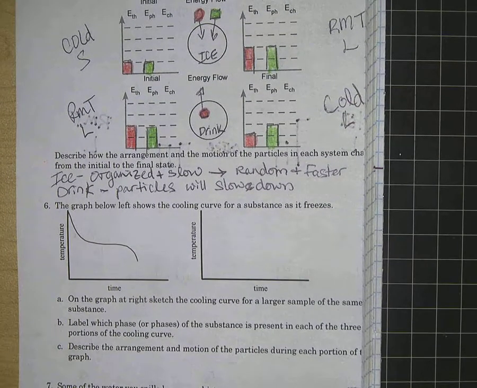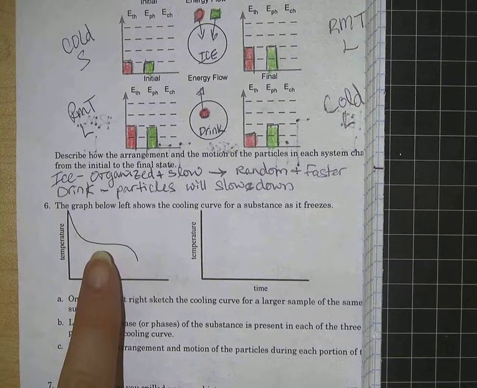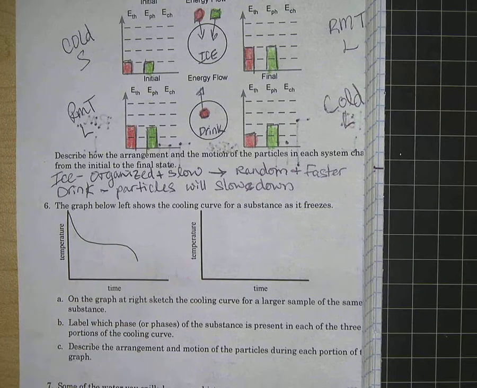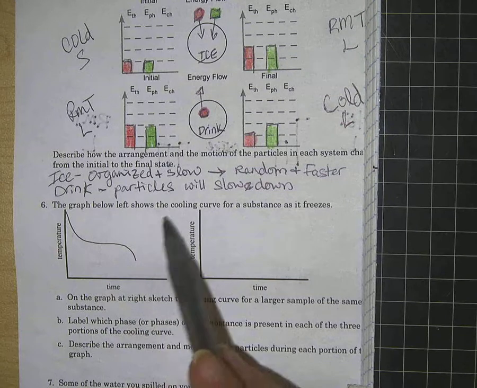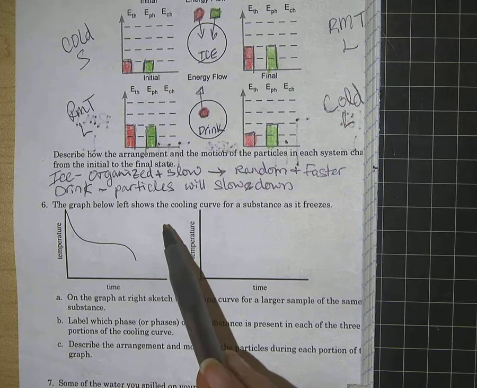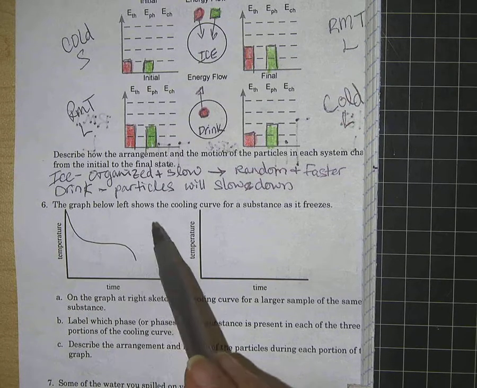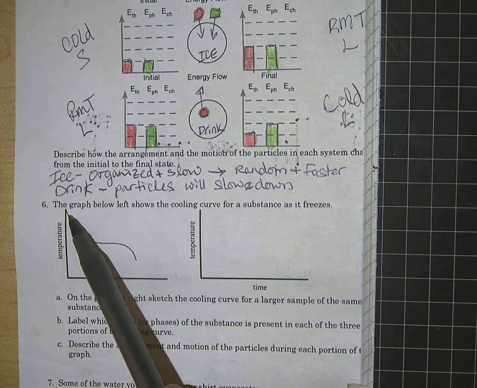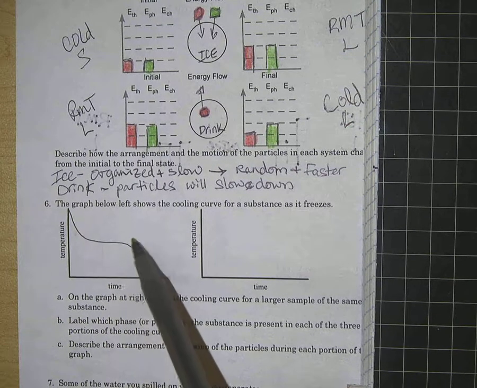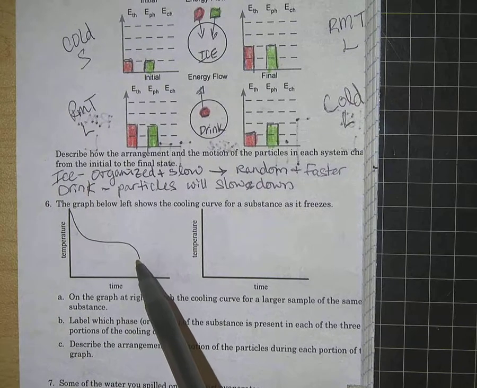So this is a heating curve, or rather a cooling curve, which is kind of the opposite of what we talked about the other day, where when we were heating it up, the temperature was increasing, so it was going up the graph. It was still making this S curve, but now we're cooling it, so we still have this backwards S pattern, but it's going down.